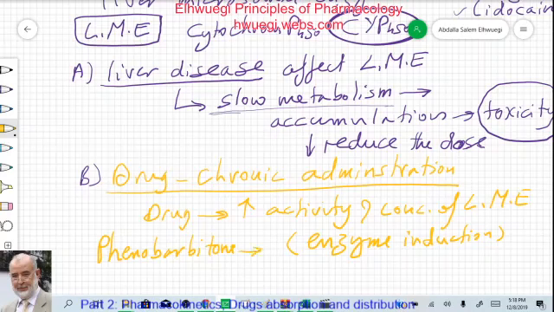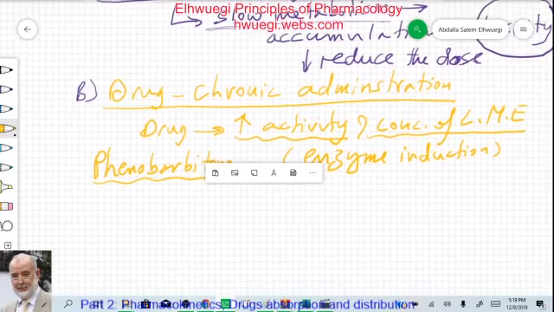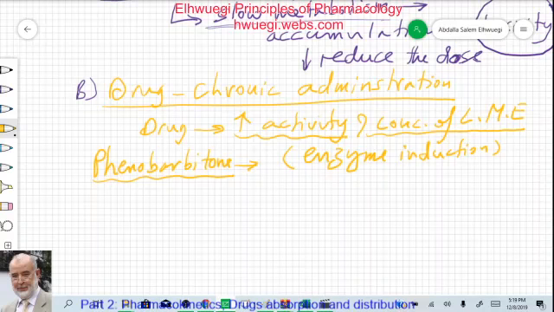This phenobarbital will increase the activity and concentration of the liver microsomal enzymes. This is known as enzyme induction. So what do you think will happen to the metabolism of the drug? The drug is metabolized by liver microsomal enzyme, which are now more active and present in higher concentration.